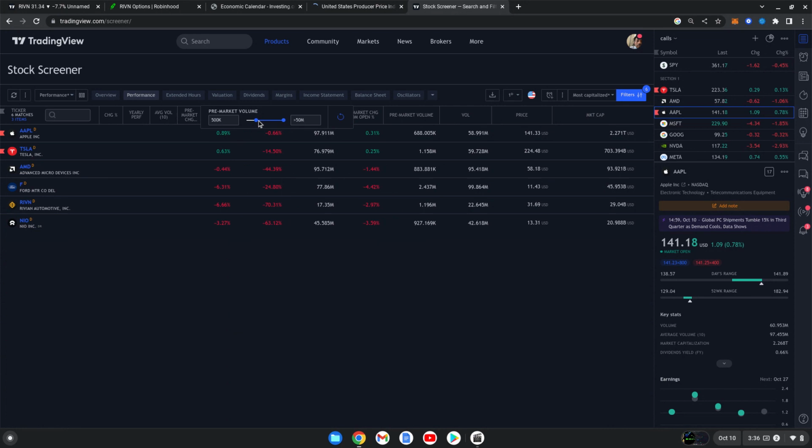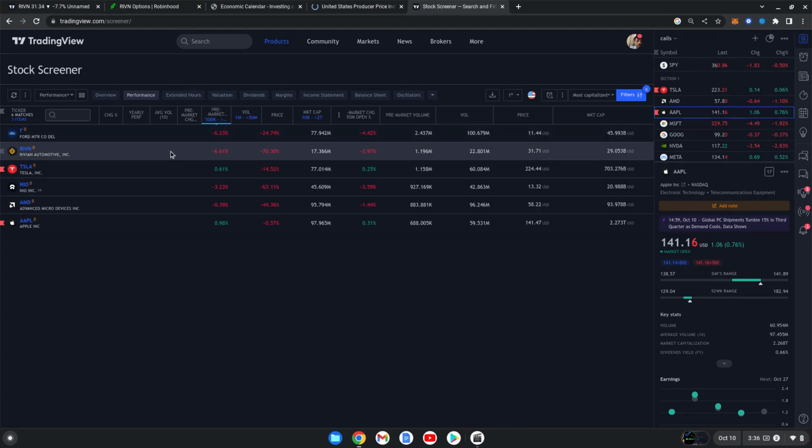Actually, we'll say at least 500,000. Okay, so it gives us these stocks, and we can filter them by pre-market volume. So it gave us all of these stocks, and I was looking through and seeing which ones I liked.